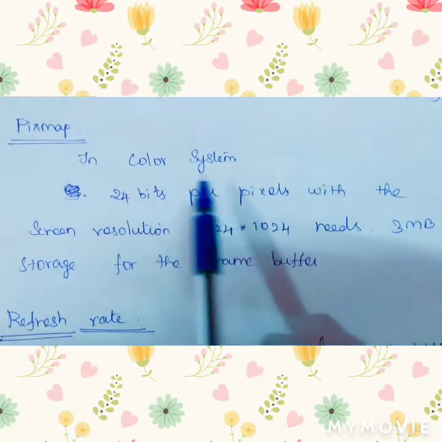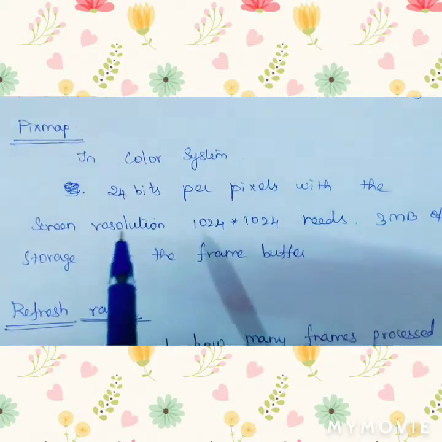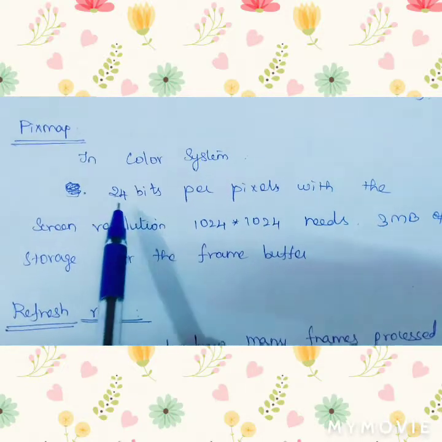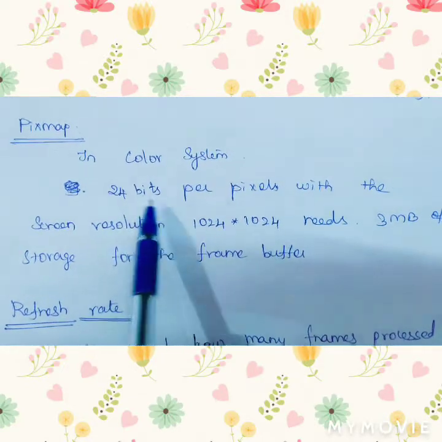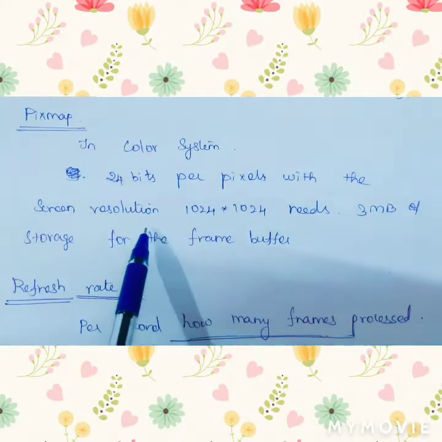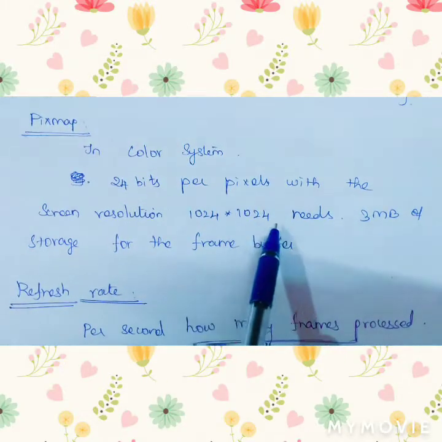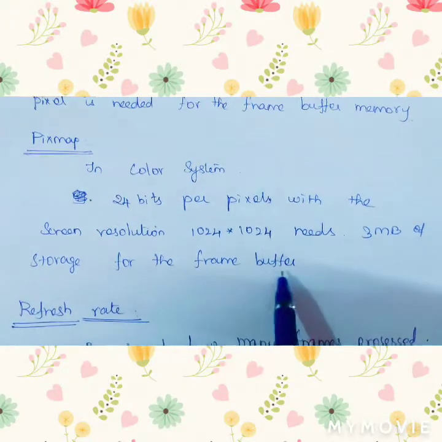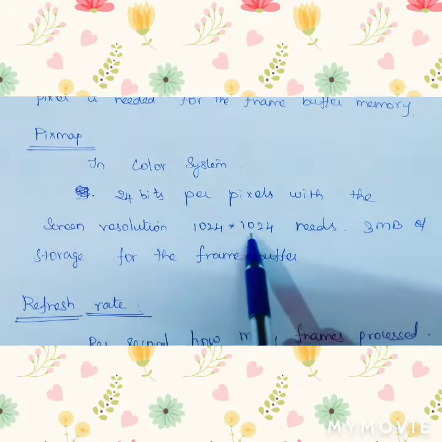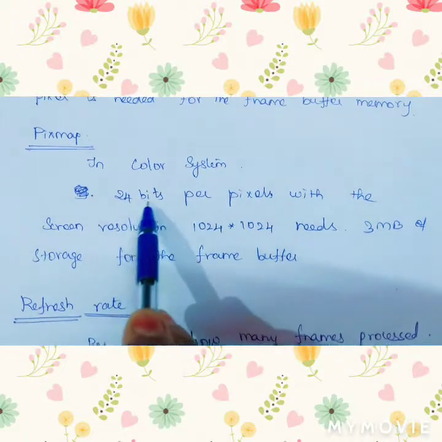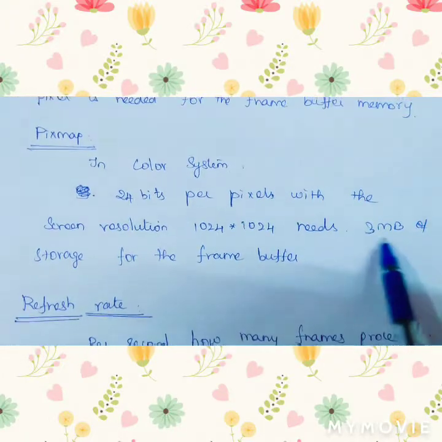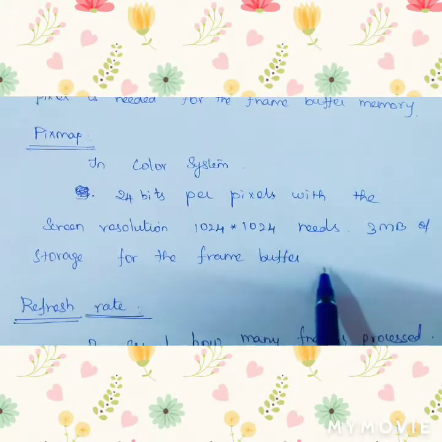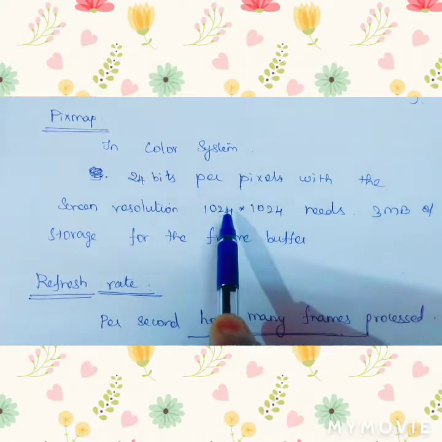Pixmap: in a color system, 24 bits are considered as the color value, right? So 24 bits per pixel with a screen resolution of 1024 by 1024 needs 3 MB of storage for the frame buffer, that is 1024 into 1024 into 24 bits, right? So you get 3 MB of storage for the frame buffer for a color system.